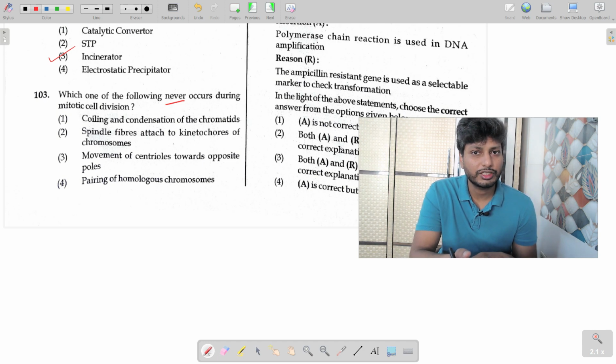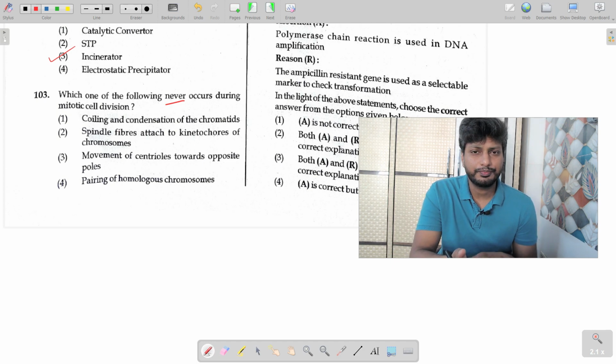So in the first phase, that is prophase, pro means first. In that phase itself, what kind of changes are occurring inside the nucleus of the cell? Very first thing that happens is the nuclear membrane disappears, or you can say it gets dissolved.